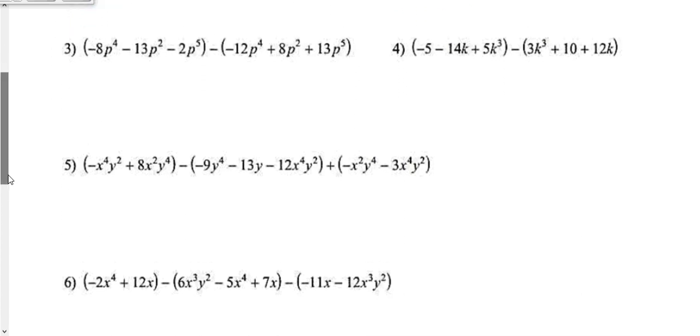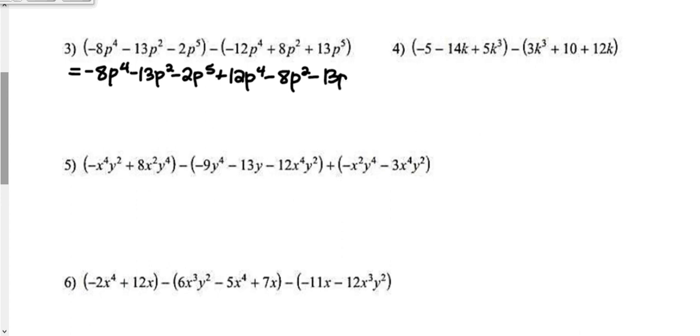So we have another problem with some subtraction in it. So I'm going to rewrite what we have. So that would be a positive 12p to the fourth minus 8p squared minus 13p to the fifth.